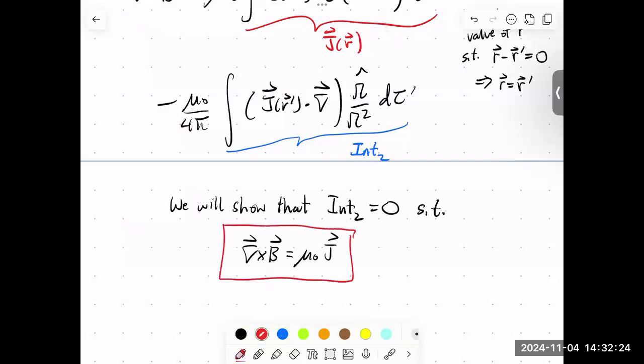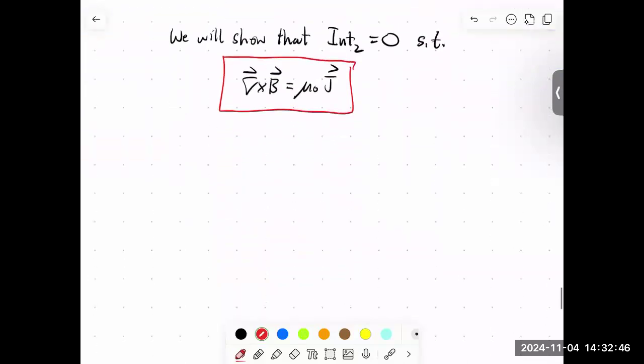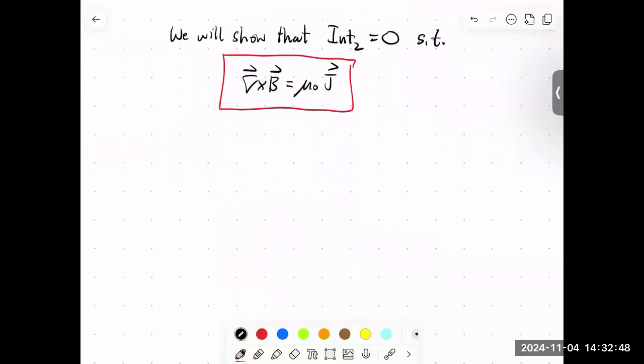Then we would have the curl of B is mu naught J, the differential form of Ampere's law. And we can apply Stokes' theorem to that and write down the integral form of Ampere's law. And then the divergence of B, we've already shown is 0. So we have to work on this integral. And so let's do a bit of an aside, because there's a bit of a trick that we're going to play.